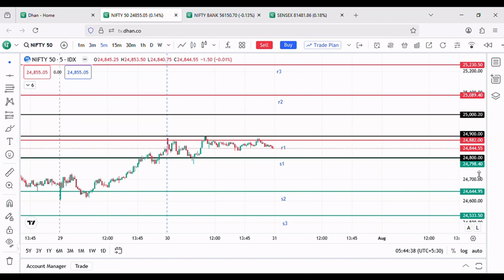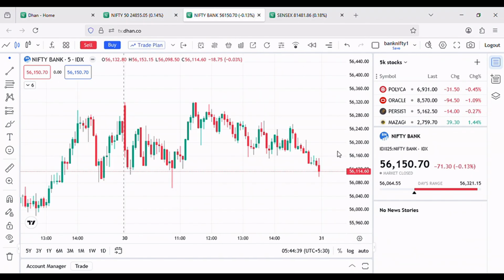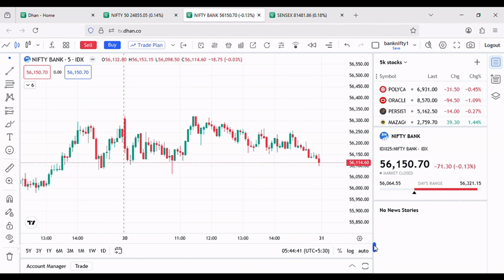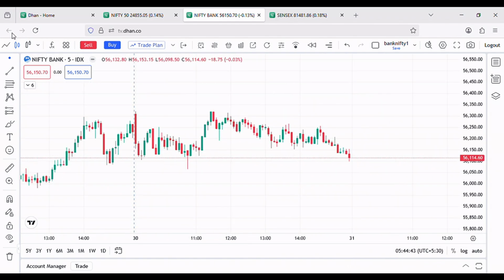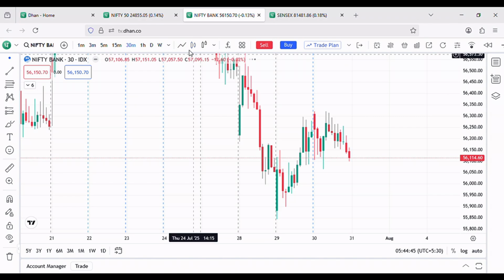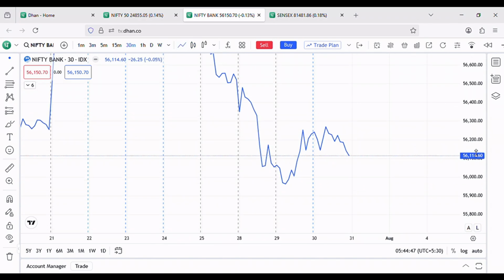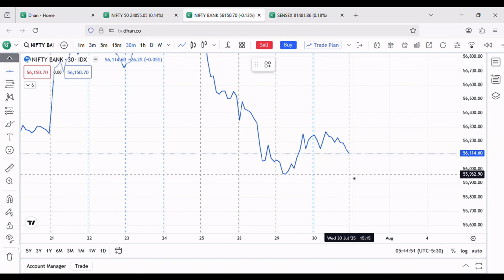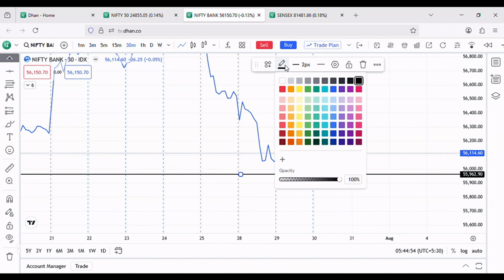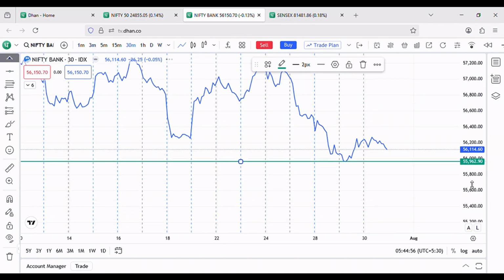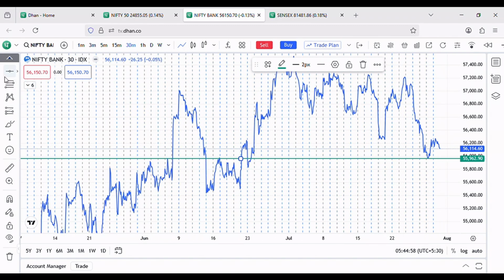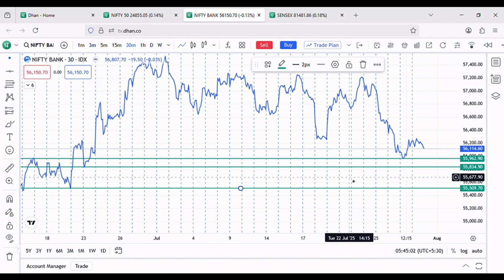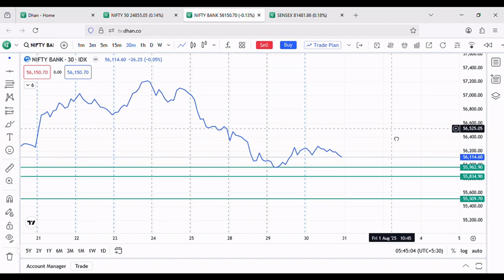This is for Nifty. For Bank Nifty we can do the same way. Keep this as 30 minutes. Change it to line. Then we can draw the support and resistance levels. For support we can give green color. Three lines is enough.